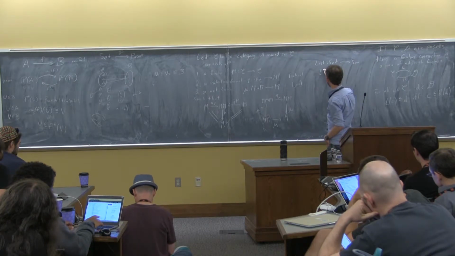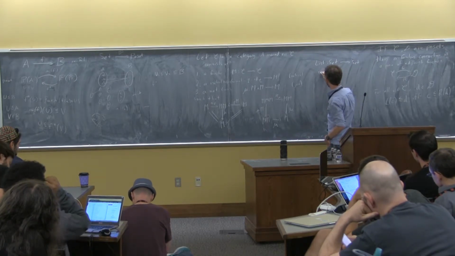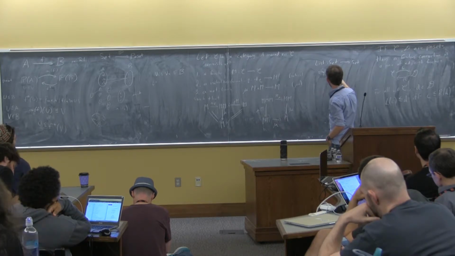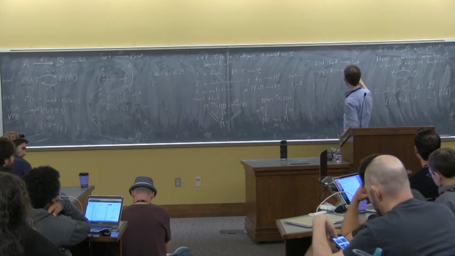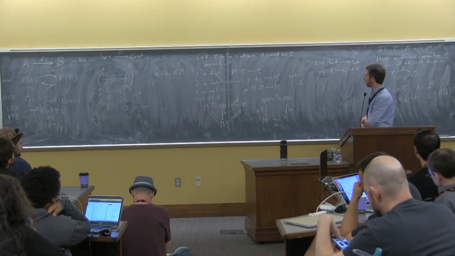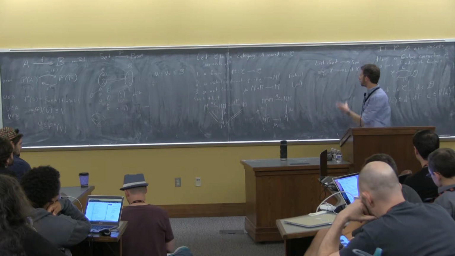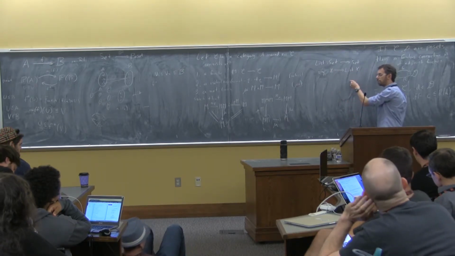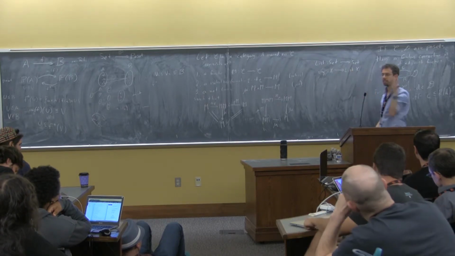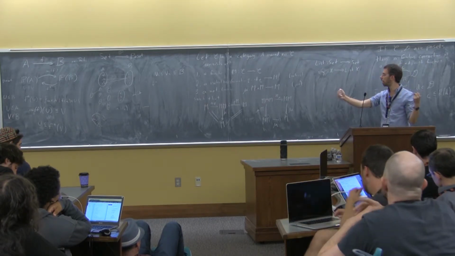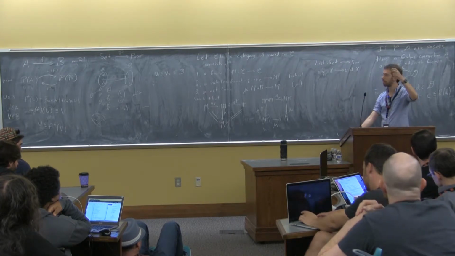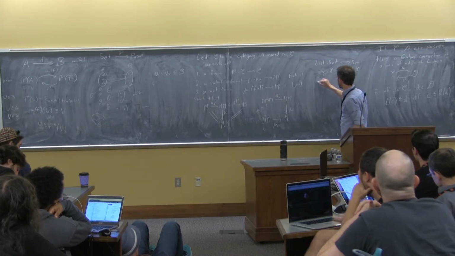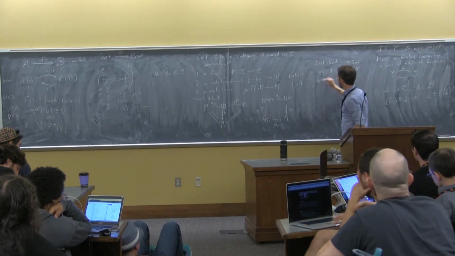There is a singleton, I don't know what you call it, sing or return, taking X to list X. For any X, singleton X is natural in X, meaning if I have a map from X to Y, I get a map from list X to list Y, and if I take the singleton on X and then map, it's the same thing as mapping and then taking the singleton. And I also get a join or append.